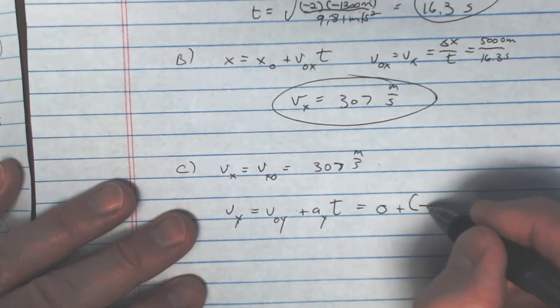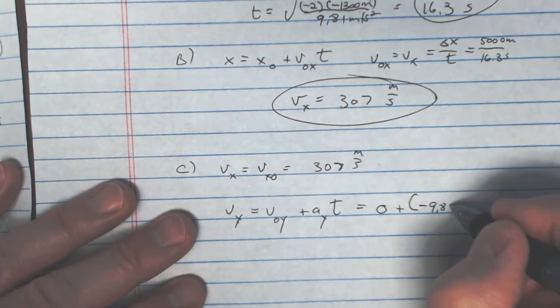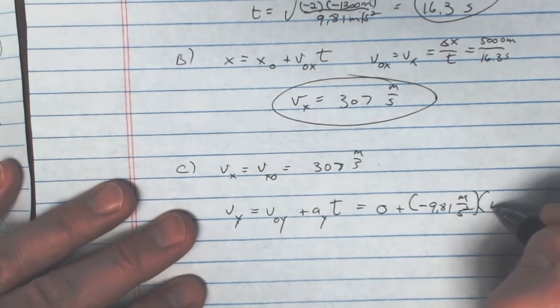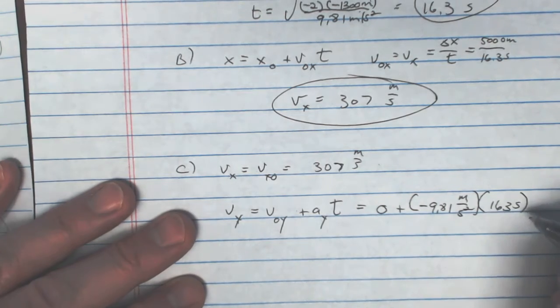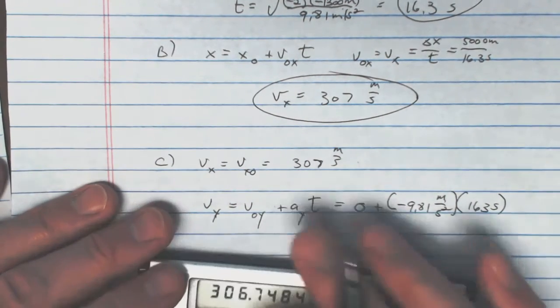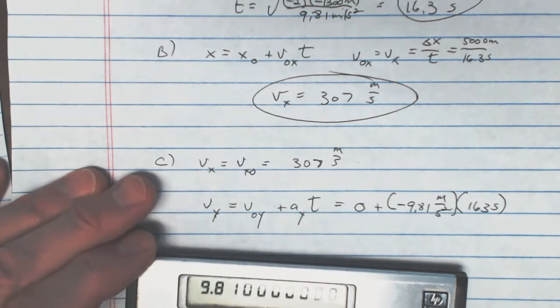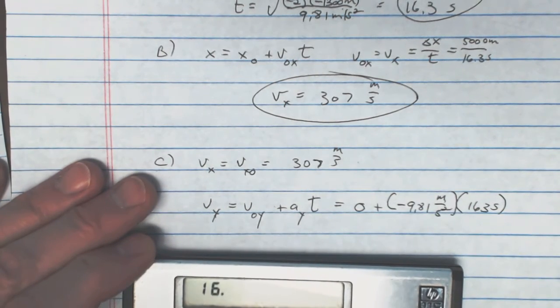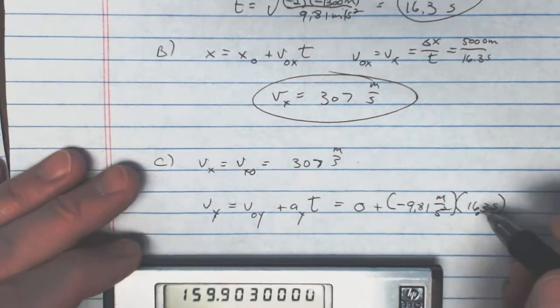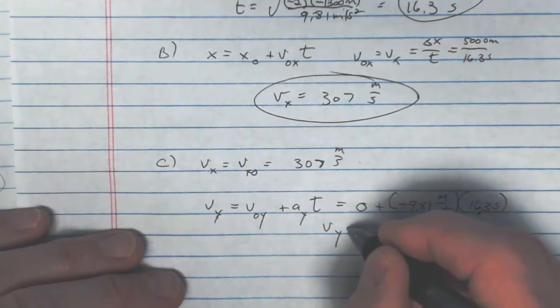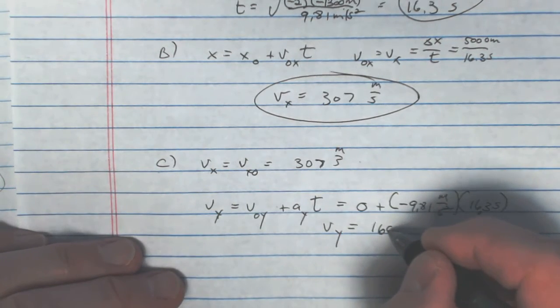The acceleration in the y direction is minus 9.81 meters per second squared. Time is 16.3 seconds. Okay, plug these in. 9.81 times 16.3, and you've got 159.9, or v sub y equals 160 meters per second.